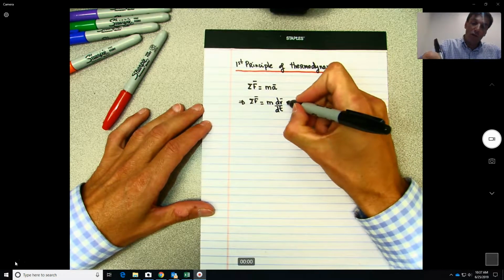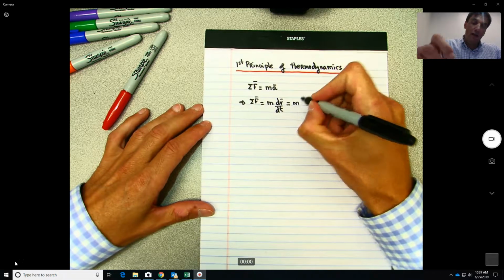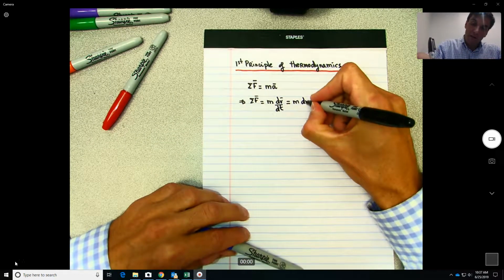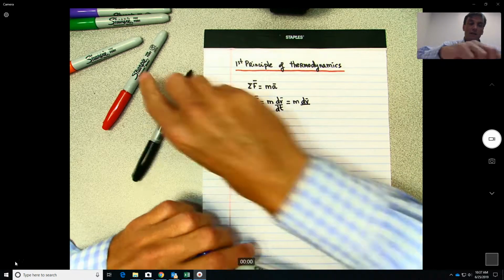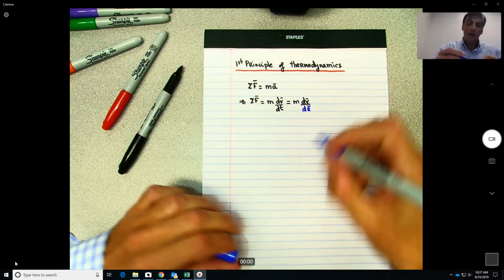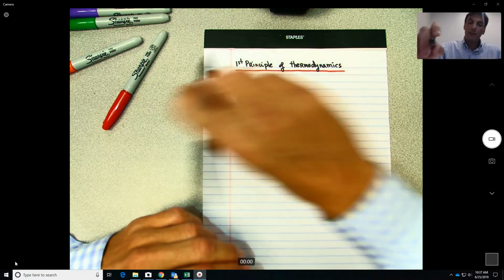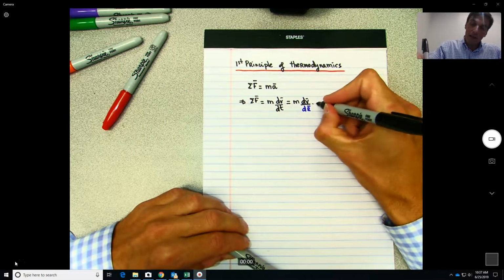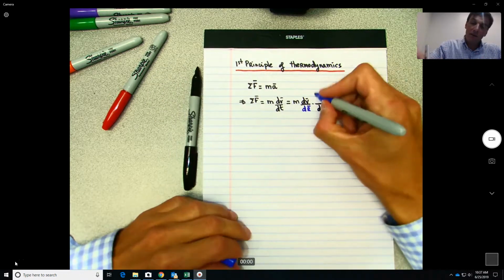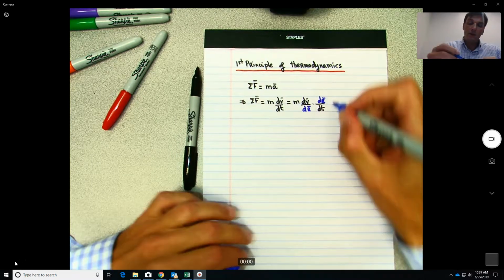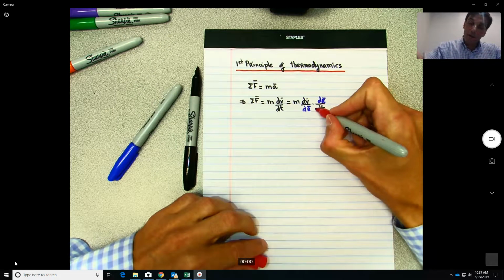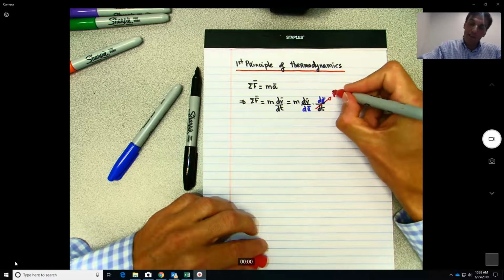Then, using the chain rule, we can do m dv dr, where dr is a position vector, times dr dt, where dr dt from dynamics, you should remember that this is the velocity.